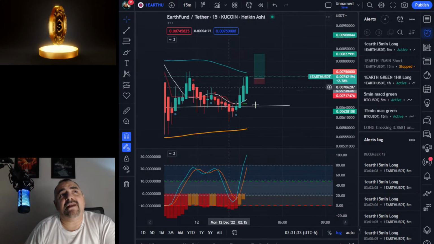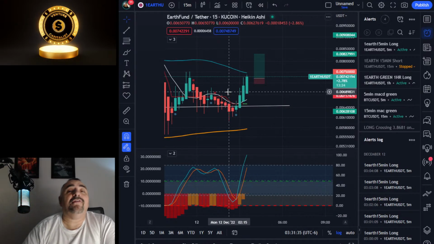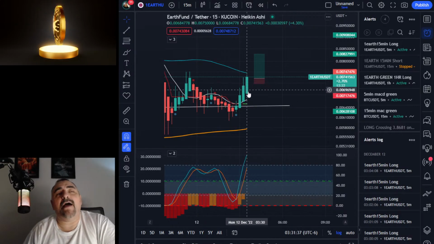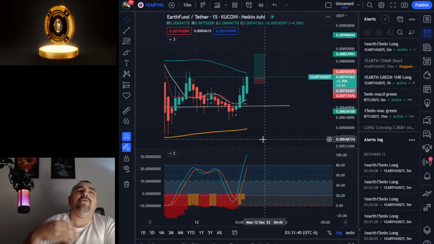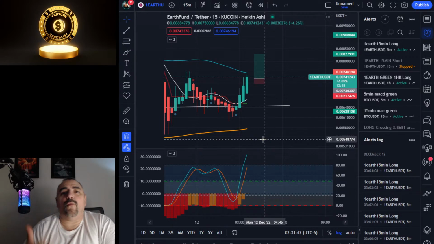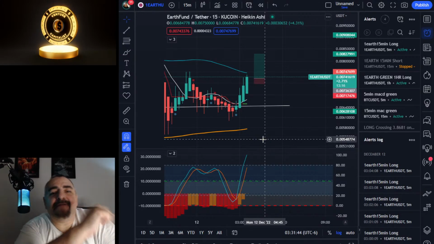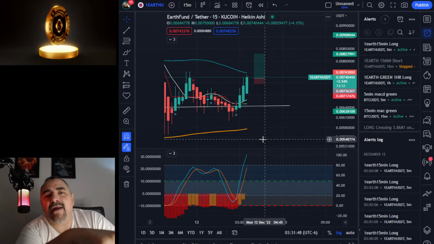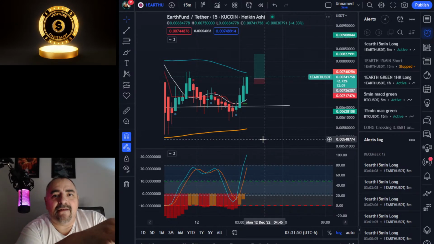Now if my 15 minute goes from green to red, then I will stay out of a trade even longer and allow it to come all the way down, and then I will allow the RSIs to reset on the 1 hour. So remember this: if the 15 minute goes red, I allow the 1 hour RSI to bottom out, and then I get back in. So there you go.